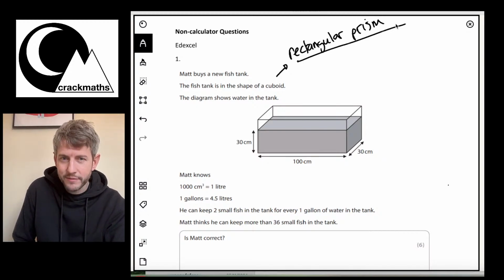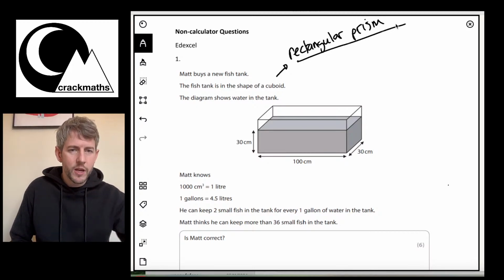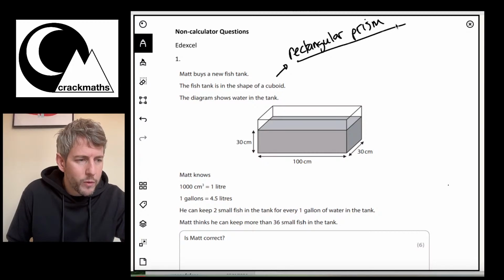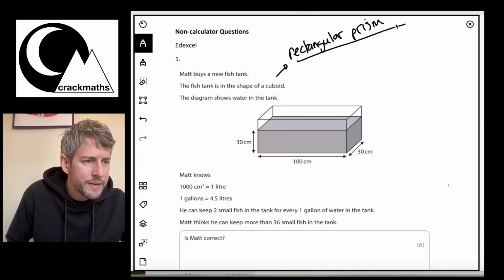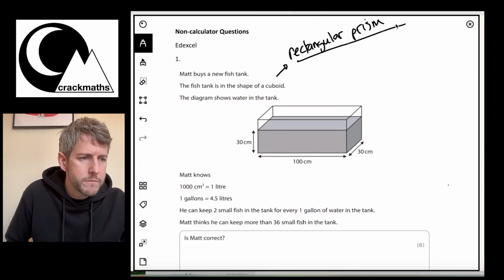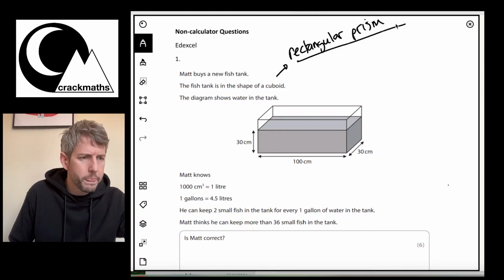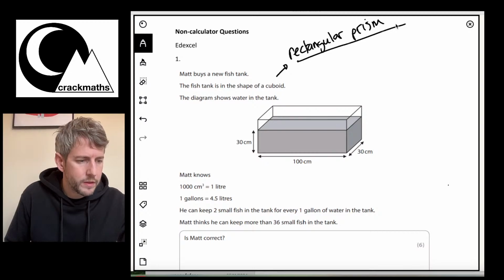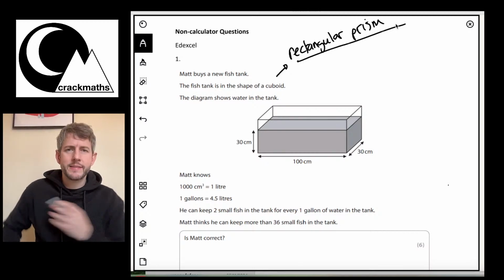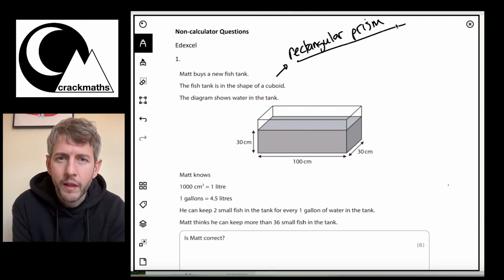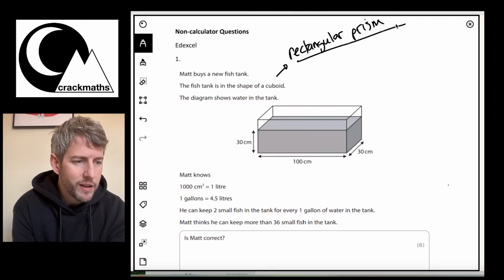Is he correct? Right, okay, so we're going to have to just take a quick moment to think about what's going on here. So let's just have a think. I'll just leave you to do that for a second. Okay, so have a quick think about what you're going to want to do. Okay, well, let's get started.